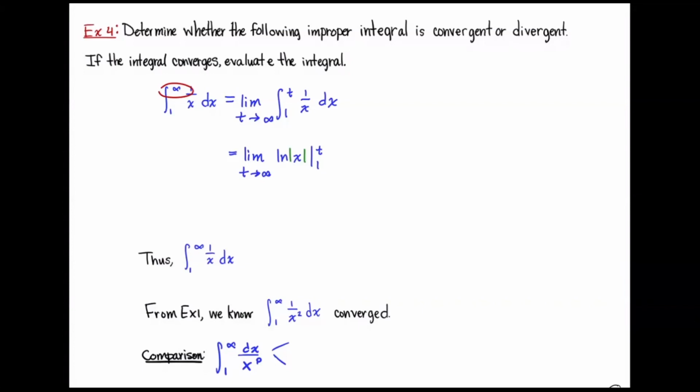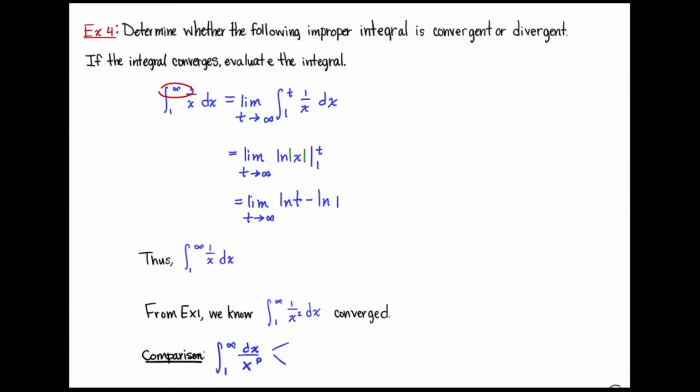All right, so let's evaluate this. Limit as t approaches infinity of the natural log of t minus the natural log of 1. Natural log and y equal to e to the x, you should have a visual of what those look like because it'll make it much easier and quicker for you to evaluate these limits.